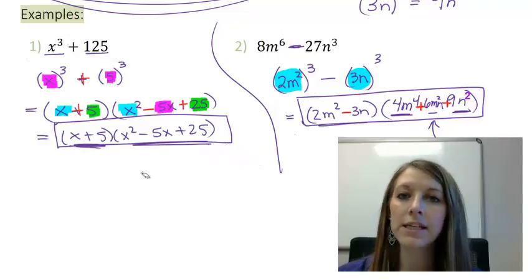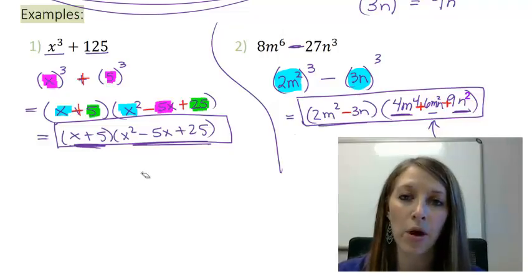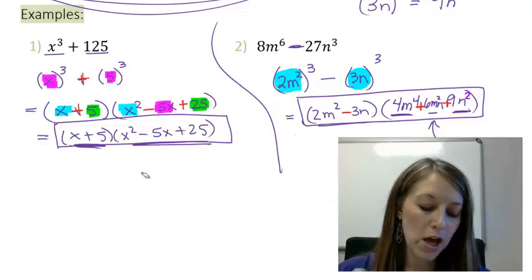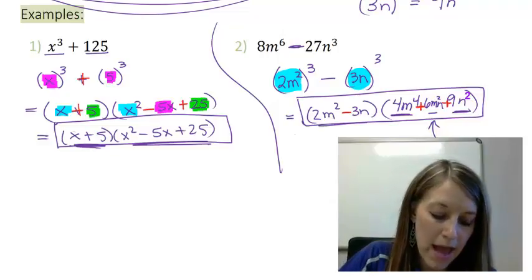Now this is not any special form of multiplying out. I can't distribute, I can't FOIL. So I'm just going to make sure every term in my first polynomial gets multiplied by every term in my second polynomial. So in example 1, let me take my x and distribute it through.